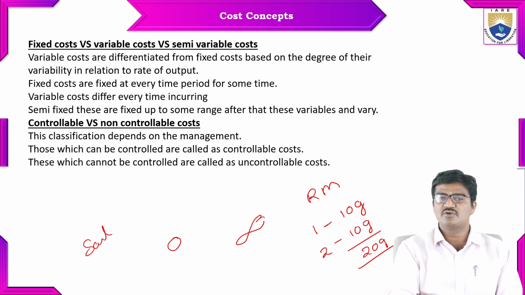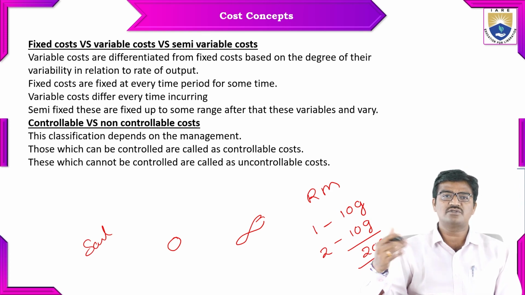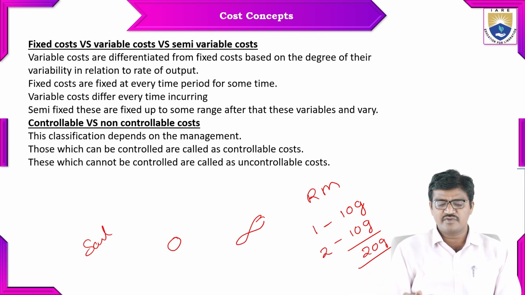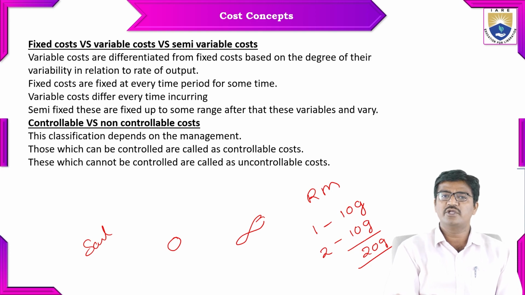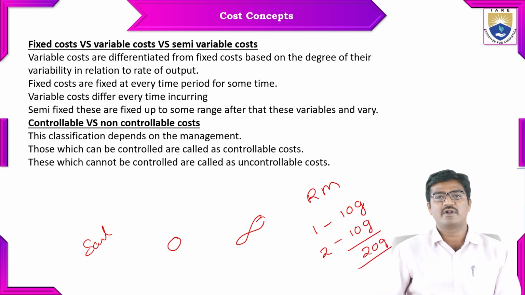But raw material increases along with the scale of production. So the cost incurred for the raw material also increases along with the quantity of raw material. In this way, variable costs vary with the scale of production, and fixed costs do not vary with the scale of production and remain the same.